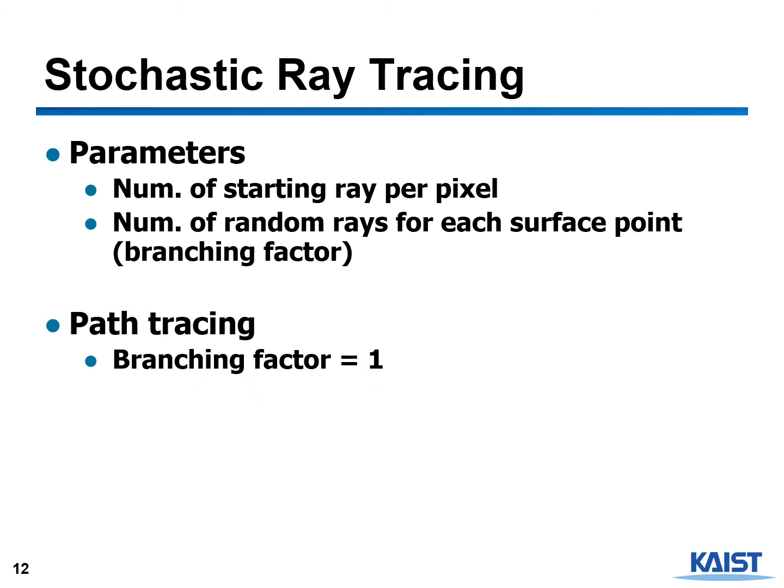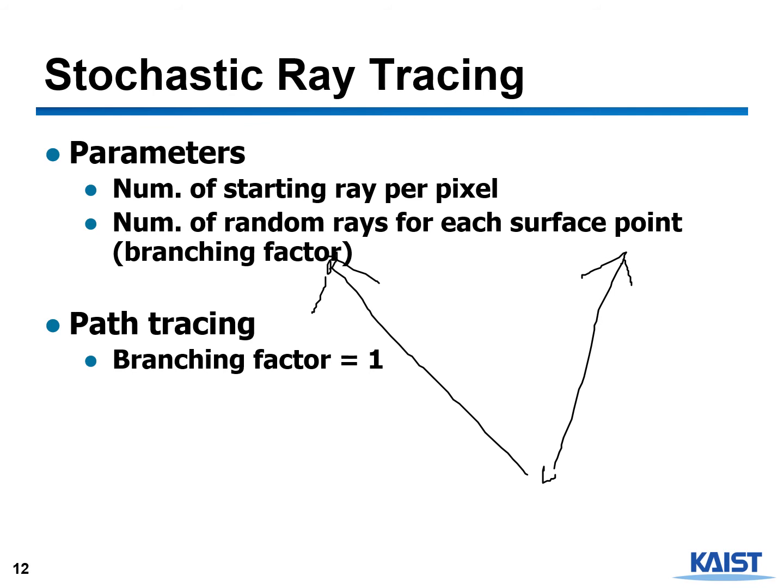In other words, let's say this is the outgoing radiance value that we want to compute. Then at that point we generate one indirect ray, and we generate only one ray.